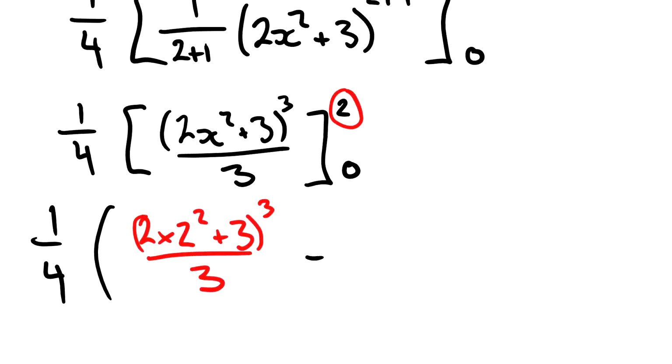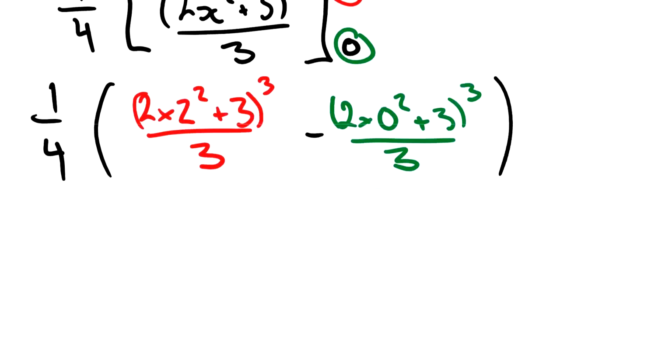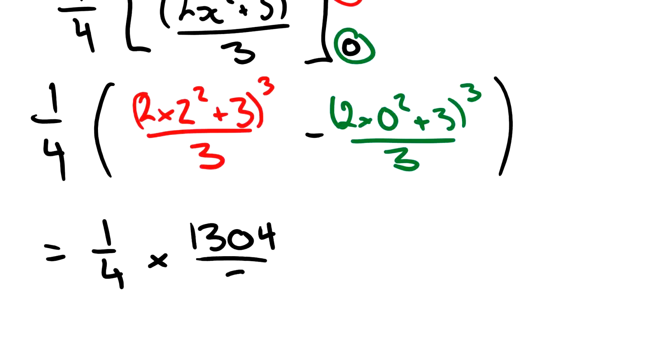And we're going to subtract the bottom number. So 2 times 0 squared plus 3 over 3. Oh, and that's cubed there. So if you do that, you end up with 1 over 4, and we're going to multiply it by 1,304 over 3, and your answer is 108 2/3.